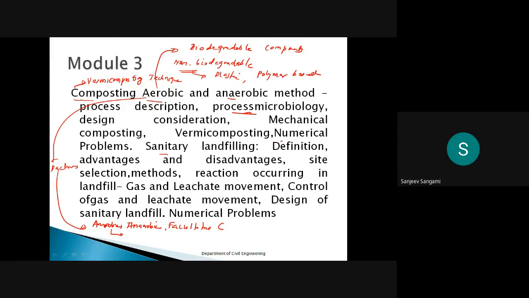I already discussed the leachate, how exactly it is transported from the landfill site to groundwater or surface water, and then how it can be controlled, and the gas, and the leachate movement in groundwater, surface water, and even soil. That also we'll discuss. Then design of landfills, design considerations, and numerical problems also we will discuss.